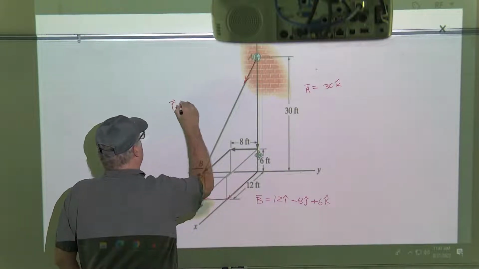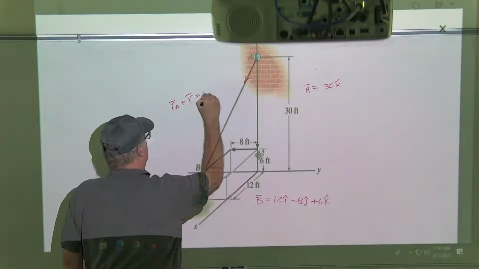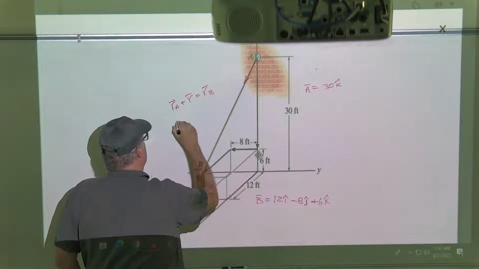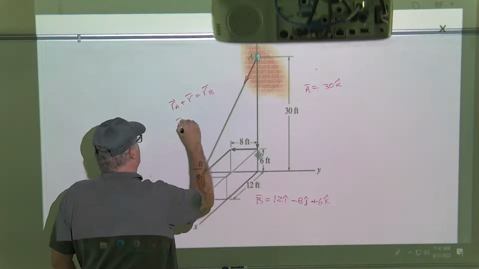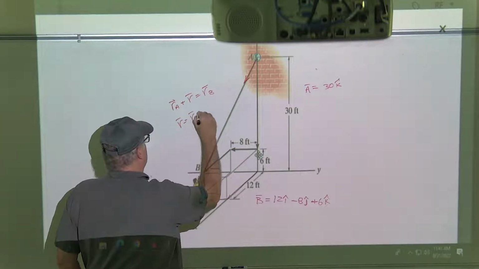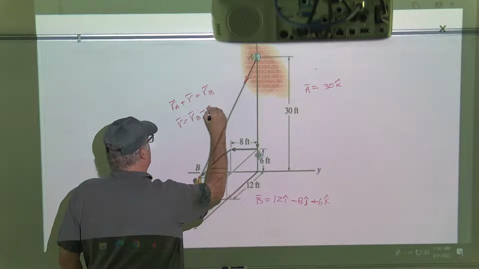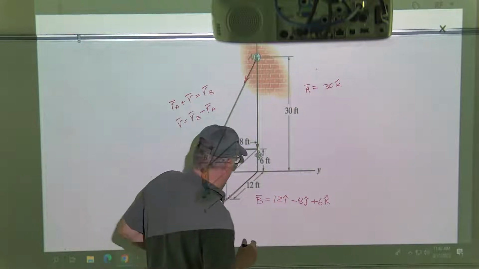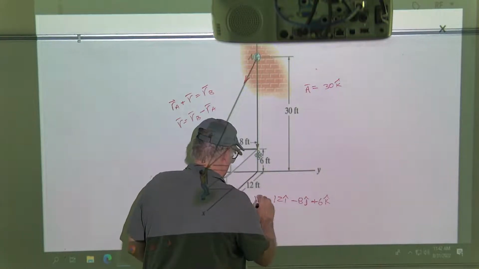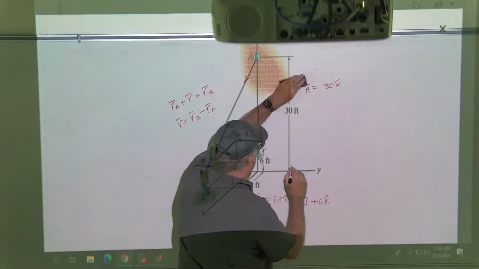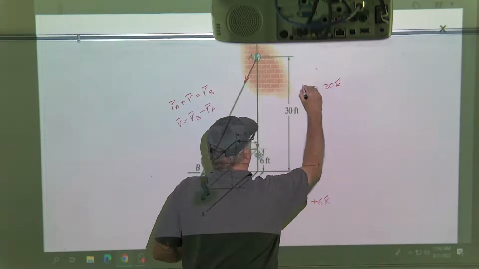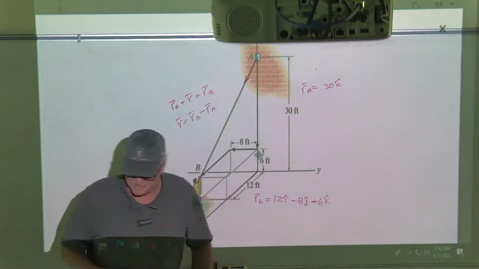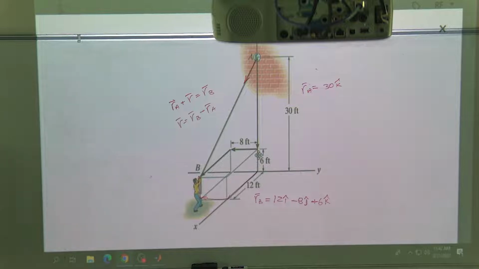RA plus my R is equal to my RB, or my R is RB minus RA. Actually, technically, this should be RB. This should be RA. And so I'll subtract those two after I take this quick energy drink here.